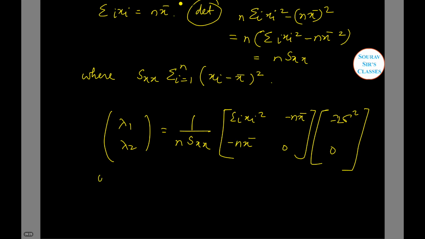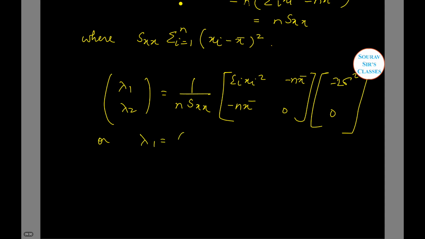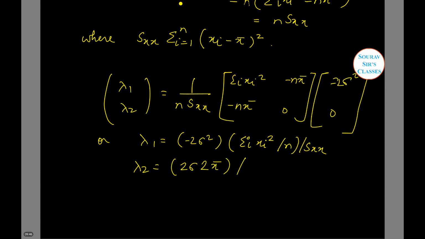Or we can write lambda 1 and lambda 2 in this form, and our di is then summation xi square by n minus x bar xi, divided by Sxx. This simplifies.